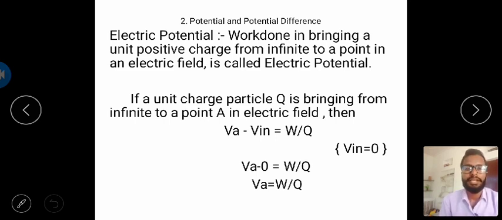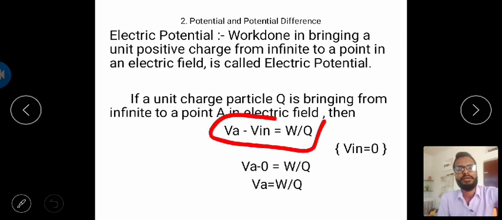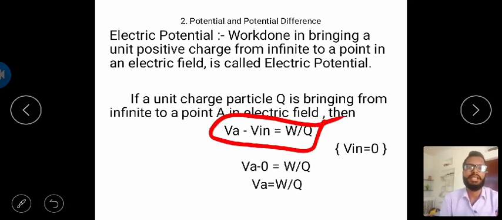Suppose we are bringing a unit positive charge from infinity to a point A. Then we can define the voltage across point A as VA, and the voltage at infinity, V infinity, is equal to work done W upon Q. We all know that the voltage at infinity is equal to 0.